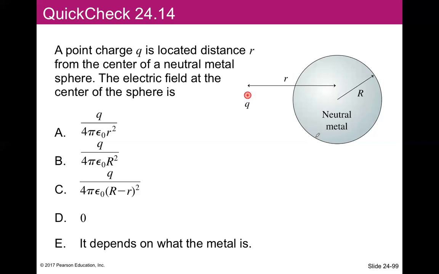Another very important thing for Coulomb's law is the dielectric property, or epsilon. When you use Coulomb's law, you have Q1 Q2 over 4 pi r squared epsilon.